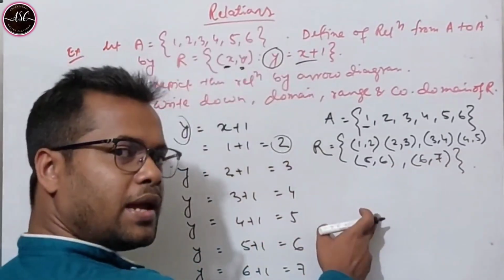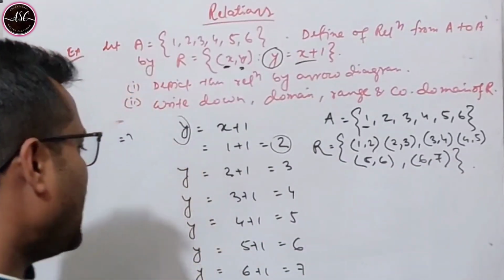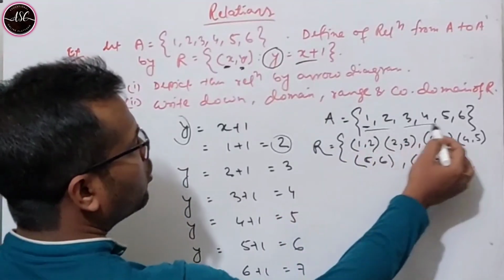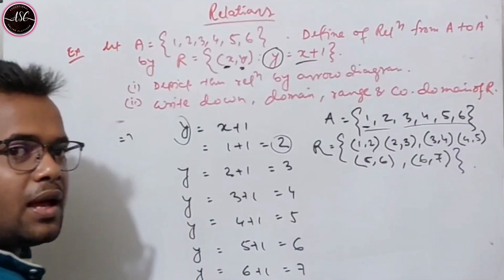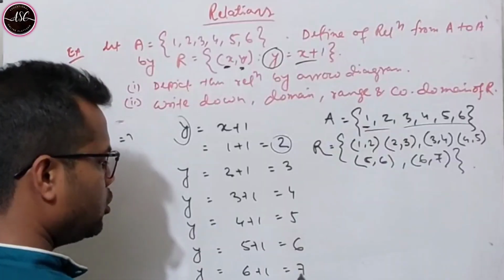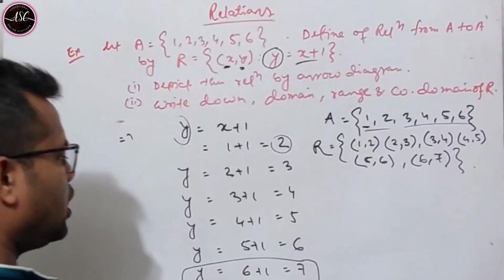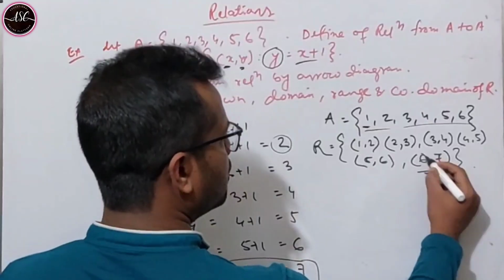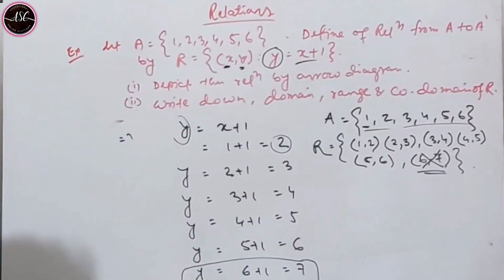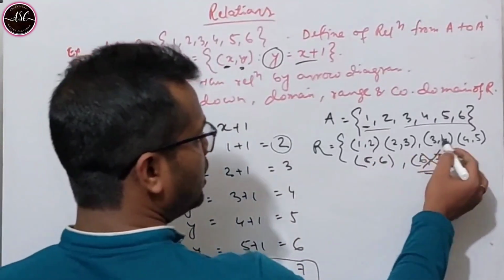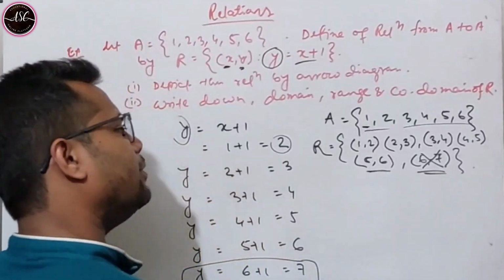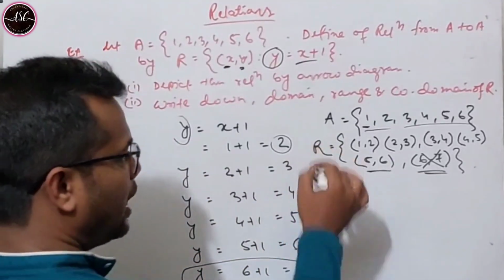Okay, is this right? No, as there is no 7 among the elements of A, this is not true. So this element can't exist. Only the pairs up to 5 and 6 will exist in R.